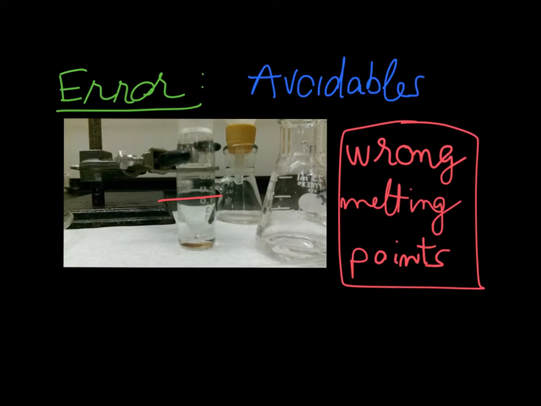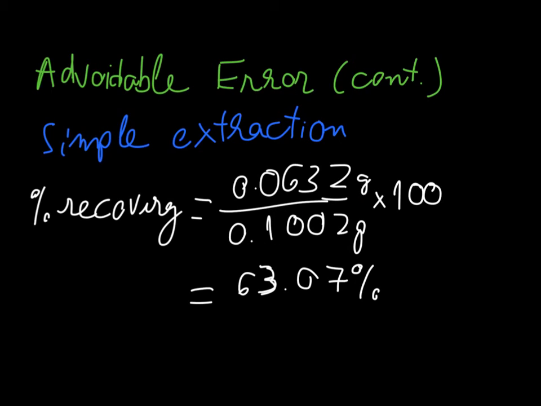That is why I got the acid wrong. Another mistake that I made was when I was doing the extraction of the acidic component. Instead of doing multiple extractions, I did a simple extraction. That is why I have a low percentage.